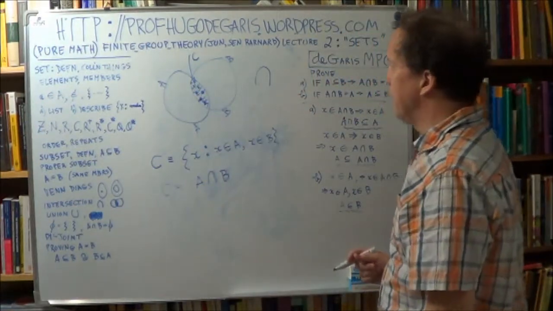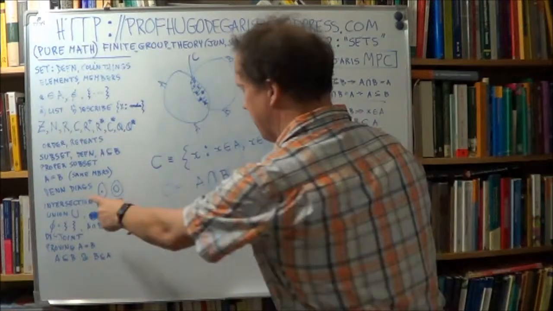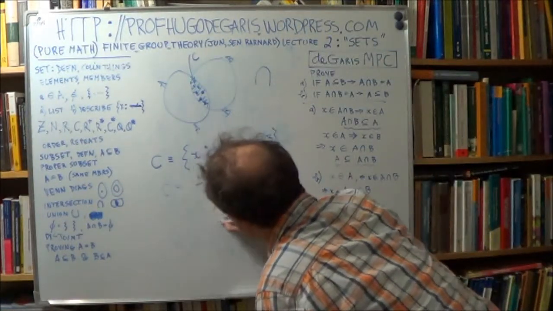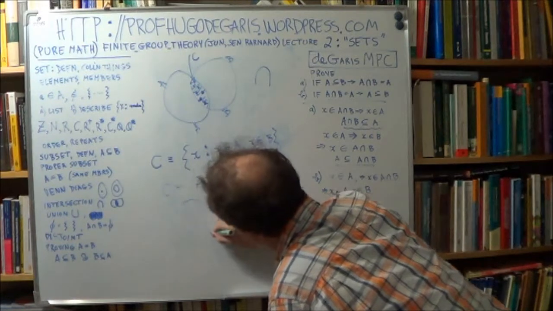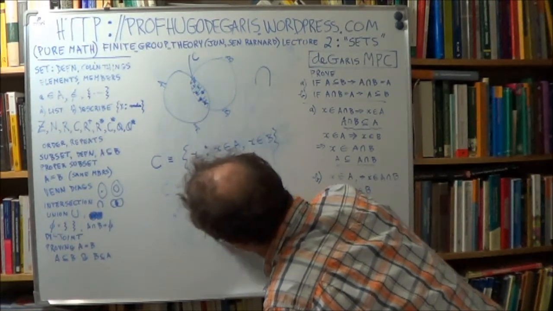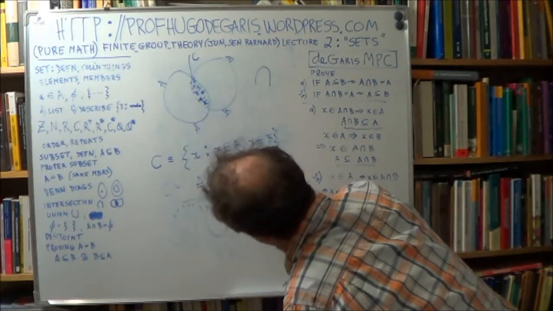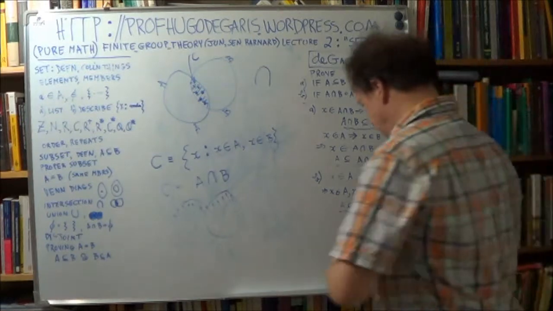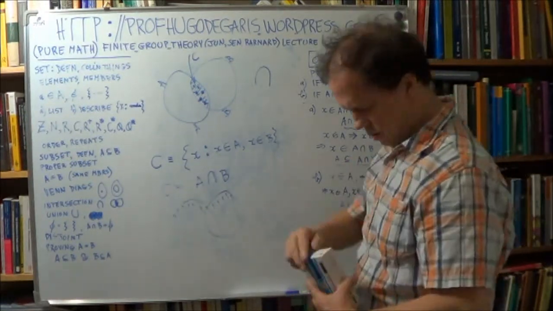Okay. Now the union. I'll draw the union. This is the union. I'll try a new pen.